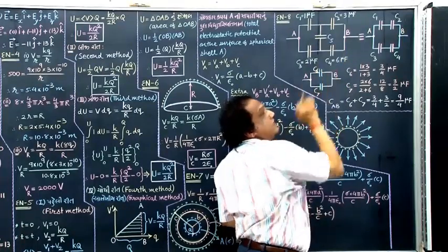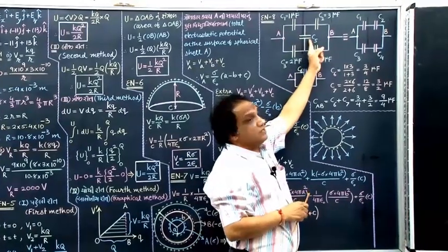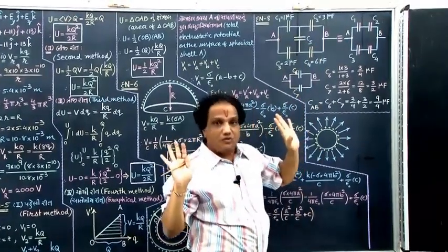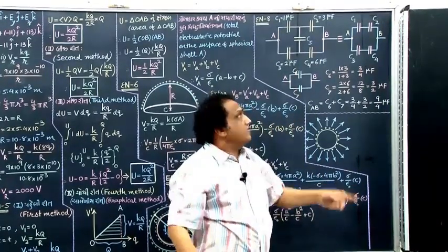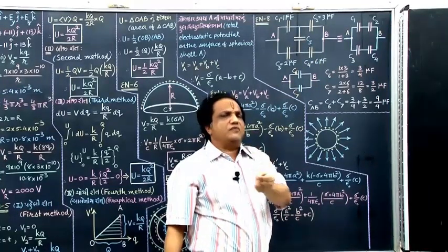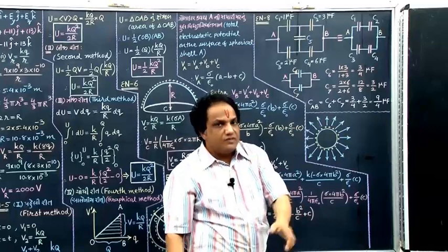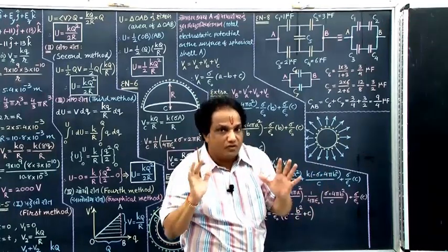If these 2 points remain at the same potential, then these 2 plates of this capacitor do not get charge. If any capacitor in any network is not getting charged up, then you may remove it, no problem. It does not affect the working of the network.